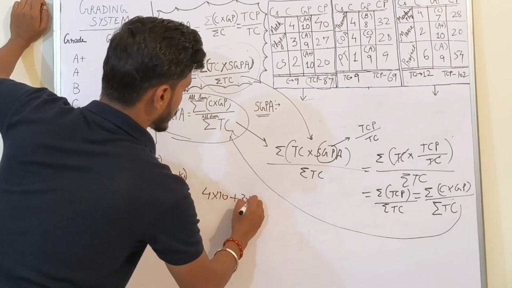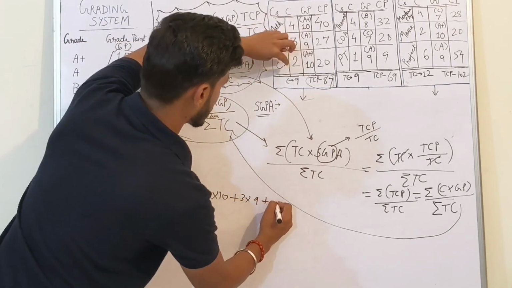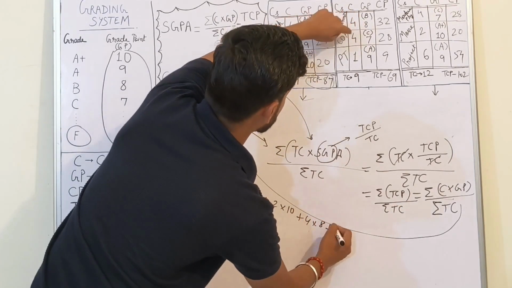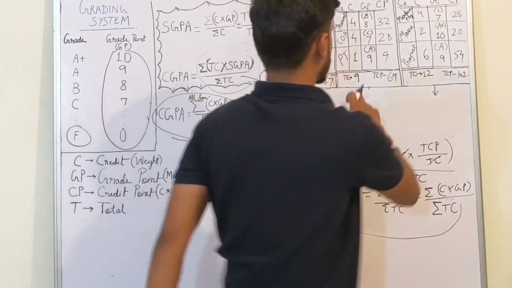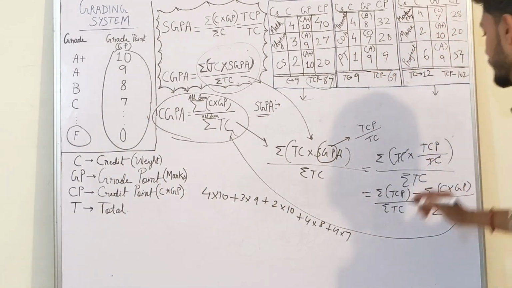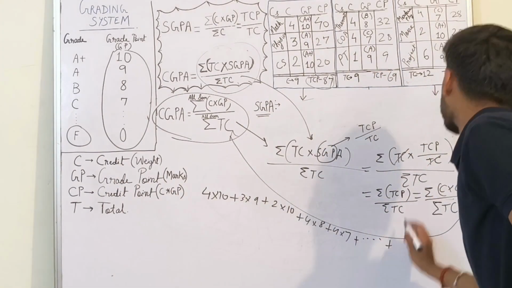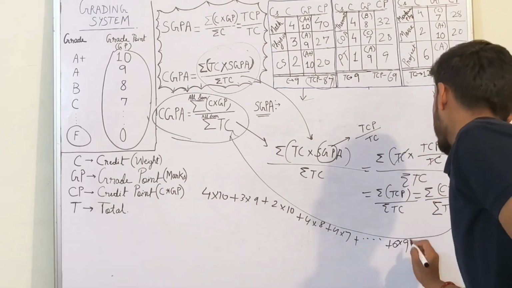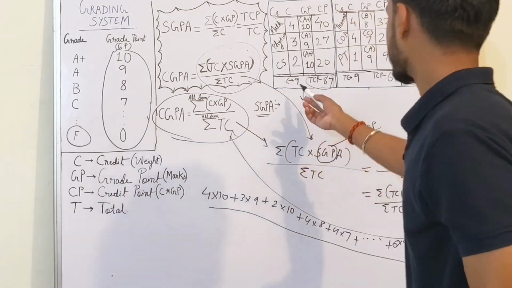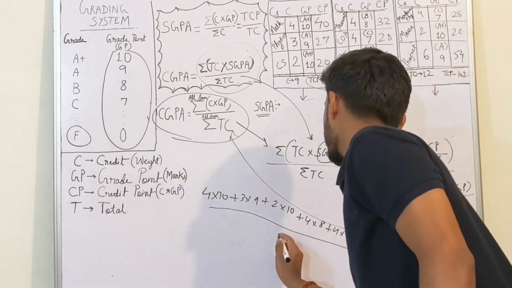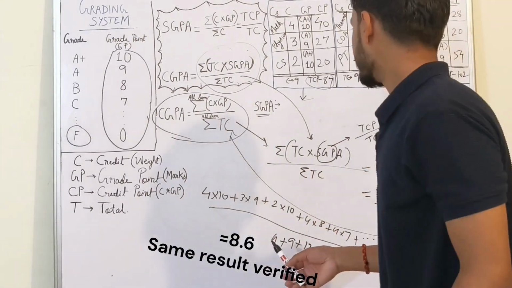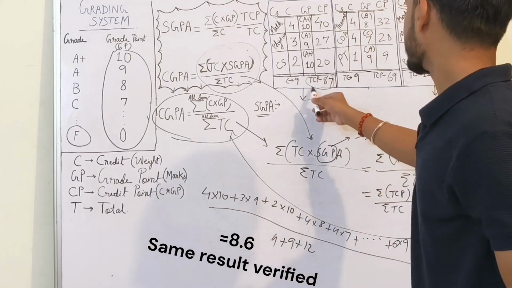10 plus 3 into 9 plus 2 into 10 plus 4 into 8 plus 4 into 7 plus 1 into 9 plus 4 into 7 plus 2 into 10 plus 6 into 9, divided by the total credits, right? 9 plus 9 plus 12. Now you are observing that we are already given these things.